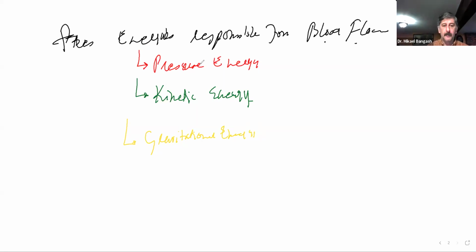These are the three major forms of energy responsible for the blood flow from the heart through vessels and from vessels back to the heart. Is that clear? Yes. Good. Any questions? No. Good.